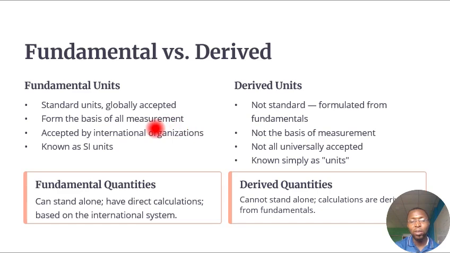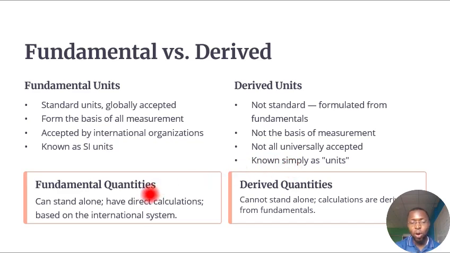Just like if you want to learn your English language, your basis is to know your alphabet. So the alphabet for your physics subject is to know your fundamental quantities. Now we've said before that it is accepted by international organization, but that of derived unit is not accepted. And in a short form, we call fundamental unit SI unit. That is International System of Units. While that of derived unit, we just call it units.